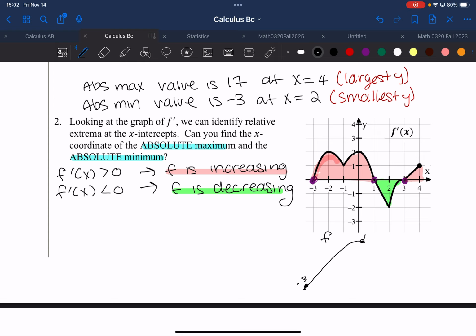Then I'm going to decrease. And when I increase that last time, it's smaller than the rate at which I was decreasing, so I'm only going to go up a little bit. So this is 4, my endpoint, and this cusp that I just created is 3.